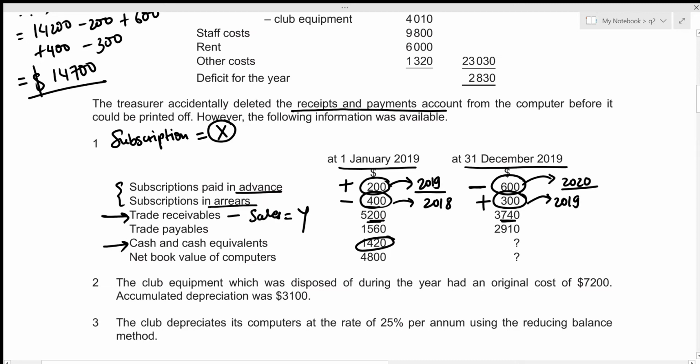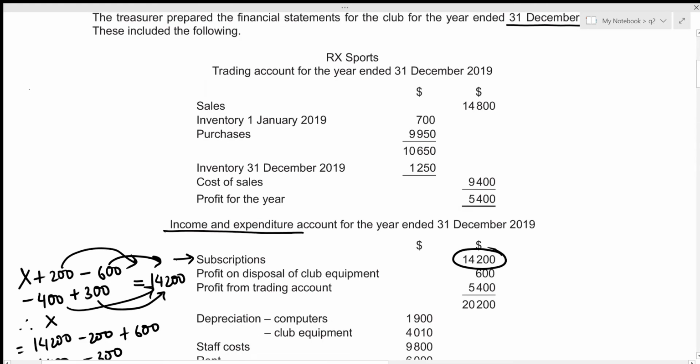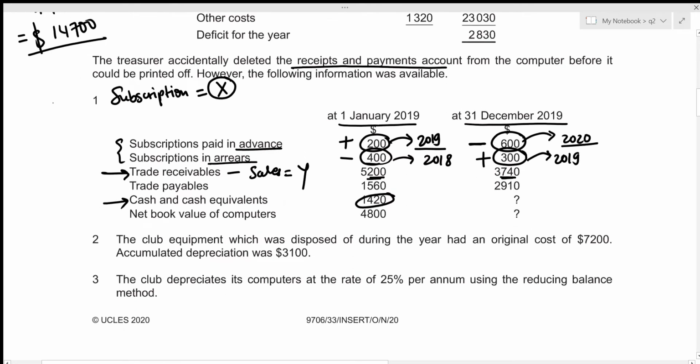Okay, so I'm just going to form an equation right here. So this is the value of sales from our trading account, and then we are given the opening value of trade receivables, right? And this opening value of trade receivables actually relates to the sales made of last year, which is 2018. Whereas the trade receivables at 31st December 2019 relates to the sales made for this year.